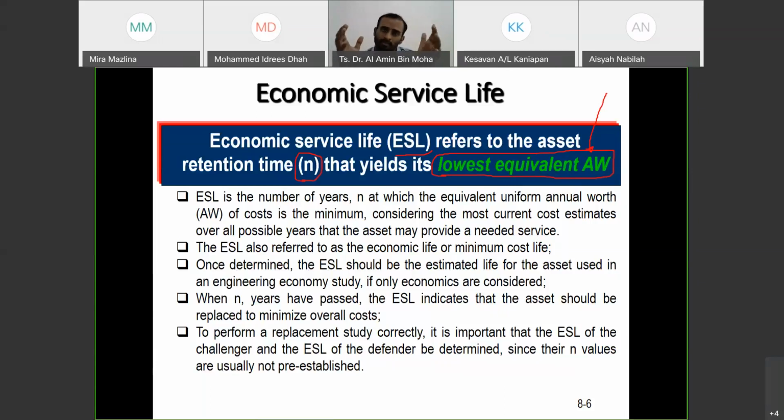To give you the concept now, let's say you buy one asset, let's say your car. We are going to calculate the AW every year, let's say for 20 years, so you have 20 AW values. We are going to see whether the AW is going down or going up.